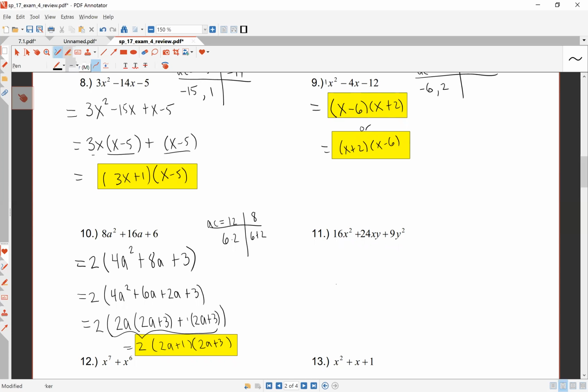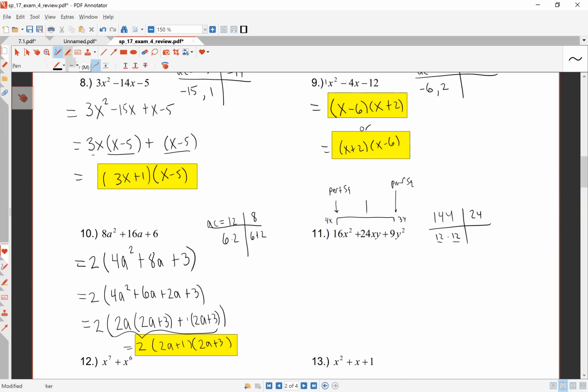So I'm tempted to do the AC method, 16 times 9, which is 144. That adds to 24. We would use 12 times 12. Well, anytime you use the same number twice, that means that this is a perfect square. And so remember what we would do is we'd recover the pieces, which is 3y and 4x.